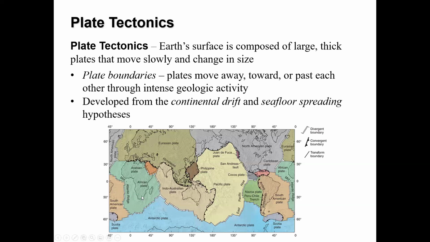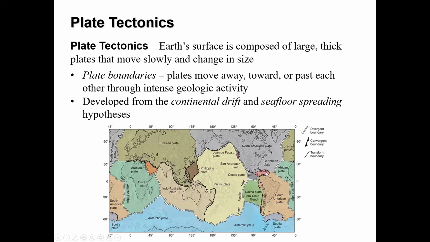So here we've got the African plate, we have the Arabian plate, the Eurasian plate, the Indo-Australian plate, we have the Antarctic plate, we have the Philippine plate, the Pacific plate, the North American plate, the Cocos plate. Up here, we have a little bit of this Juan de Fuca plate, which is really important for us, which we'll talk more about.